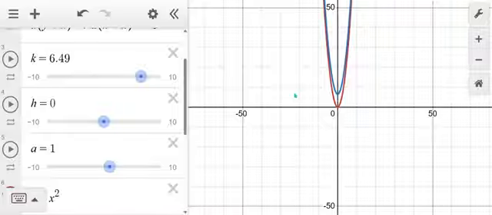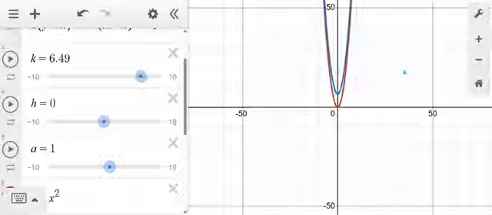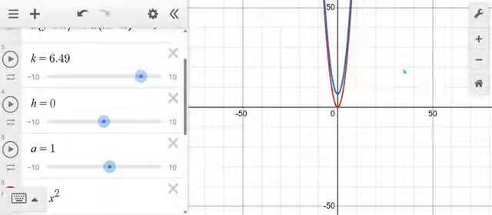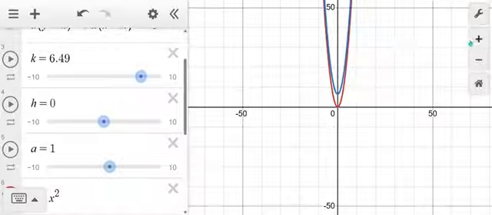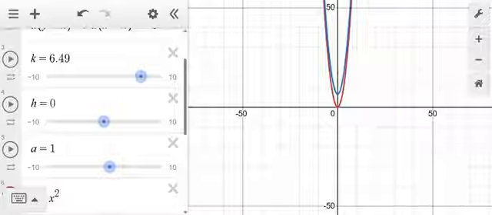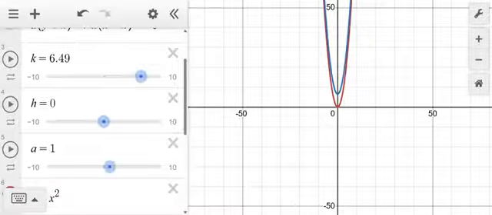And I want you to tell me, does it change the shape? Does it squeeze it? Or is it just the parabola going up and down? It's just going up and down, right? So all we're doing is, and anyone remember the word? It's kind of like transportation when things are moving. We're translating the parabola up and down.